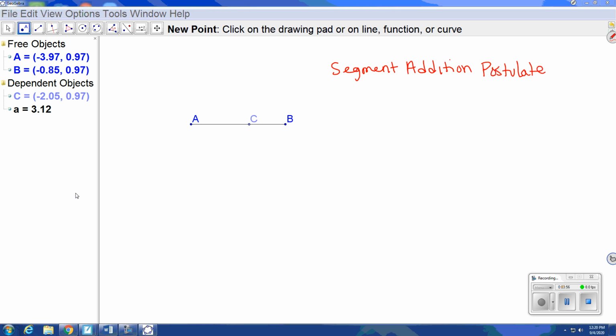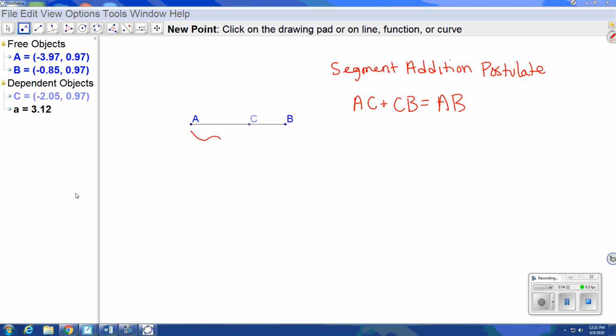And it says that if A, B, and C are all on the segment together, where A and B serve as the endpoints, and C is between A and B, then we know by the segment addition postulate that AC plus CB must equal AB. And that should come as of no surprise.